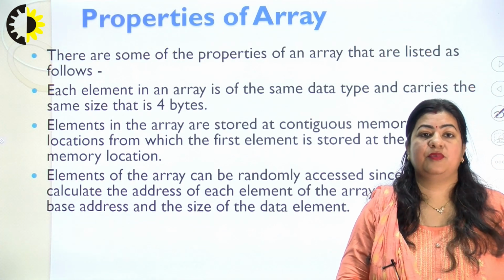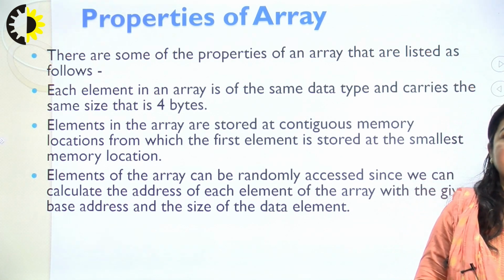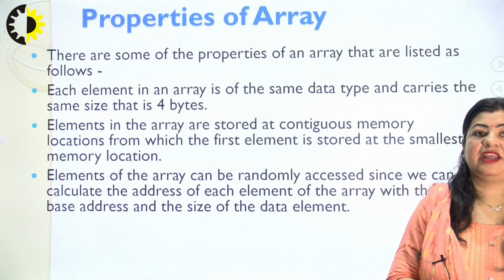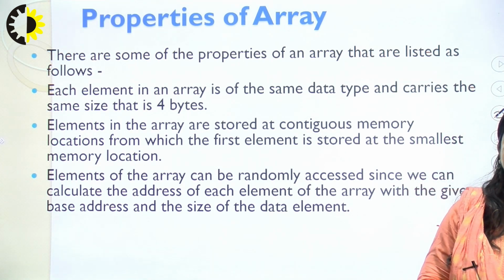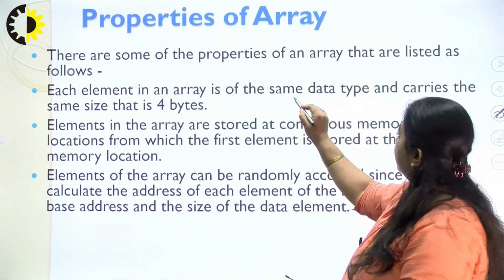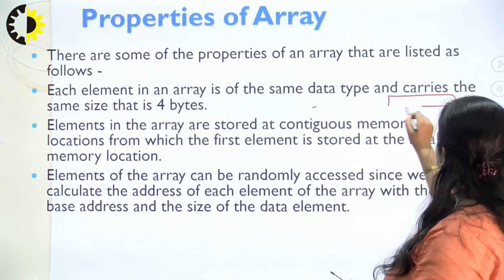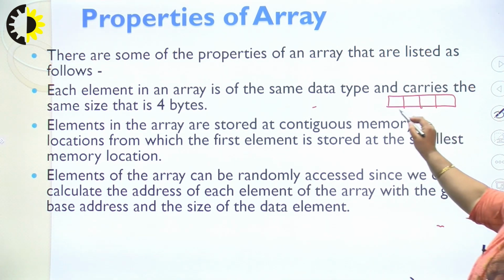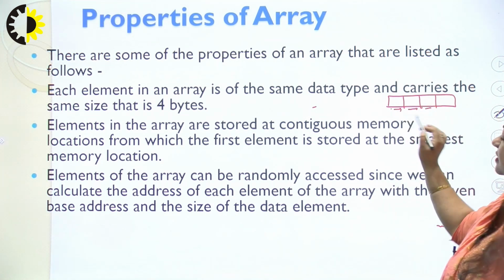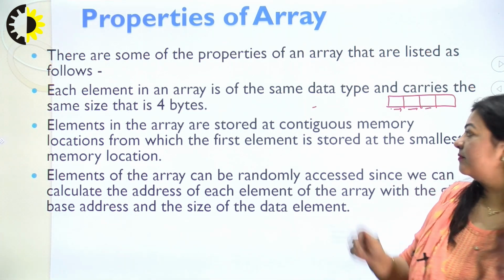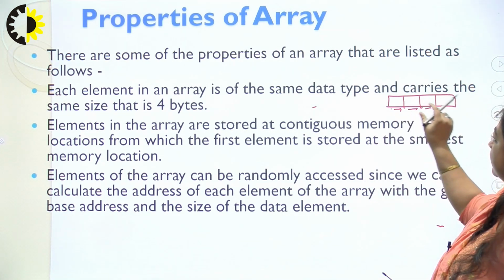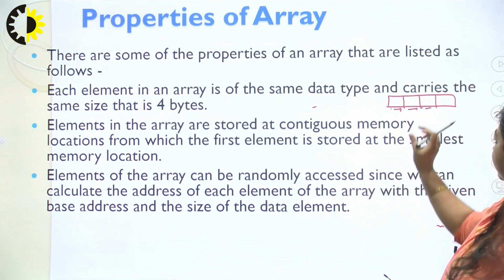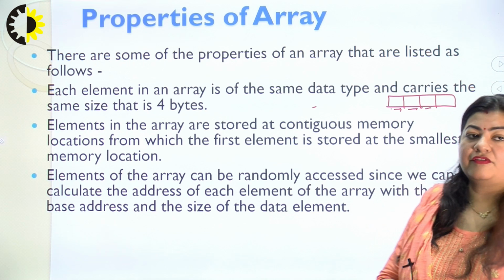Now let's discuss the properties of array. Each element in an array is of the same data type and carries the same size of 4 bytes. That means the size of each block of the array is fixed, taking 4 bytes. Suppose we take an integer value, so we can store an element of 4 bytes.